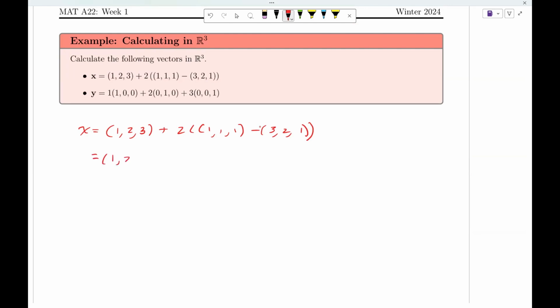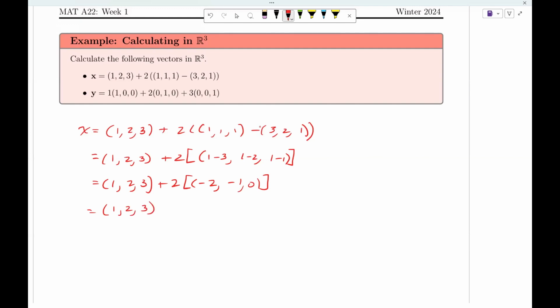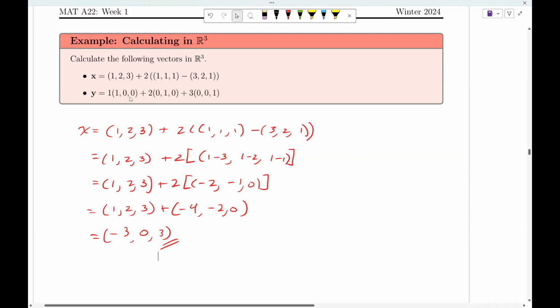So it's (1, 2, 3) plus 2 times, and there is subtraction within it, so it's (1 minus 3, 1 minus 2, 1 minus 1), which equals (1, 2, 3) plus 2 times (-2, -1, 0), which equals (1, 2, 3) plus (-4, -2, 0), which equals (-3, 0, 3). And we are done. I will leave y as an exercise.